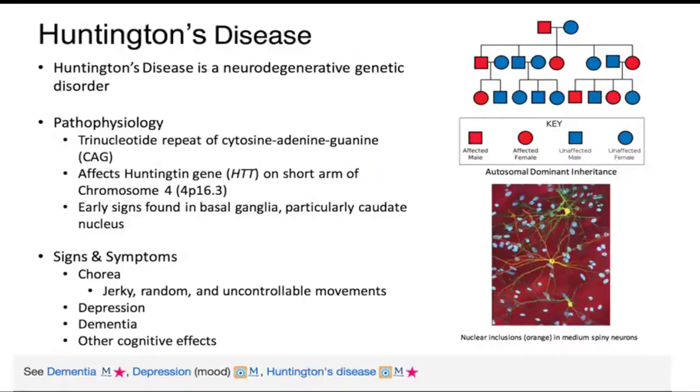One of the examples of trinucleotide repeat expansion is Huntington disease. This is a neurodegenerative genetic disorder. The reason of this disease is a trinucleotide repeat of cytosine, adenine, and guanine. It happens in the short arm of chromosome number 4.